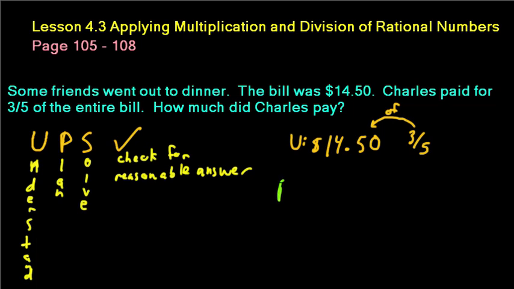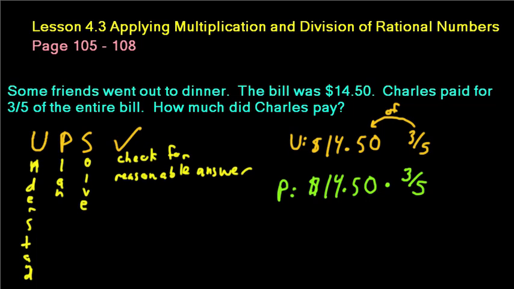I'm going to set the problem like this: $14.50, and I'm going to multiply it by 3/5. I want to know what 3/5 of $14.50 is. Now here's the deal. I've got a decimal here, and I'm multiplying by a fraction. So I'm going to have to make an adjustment.